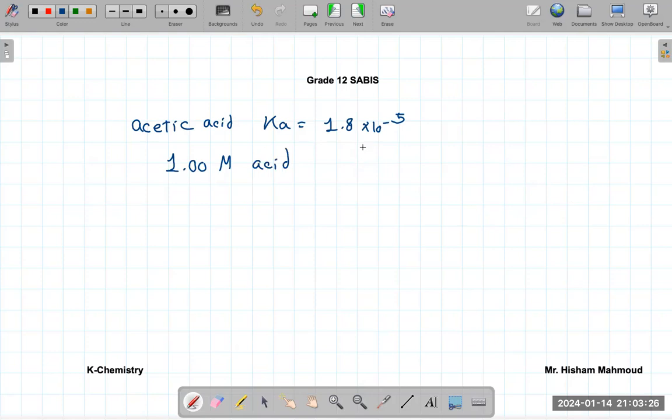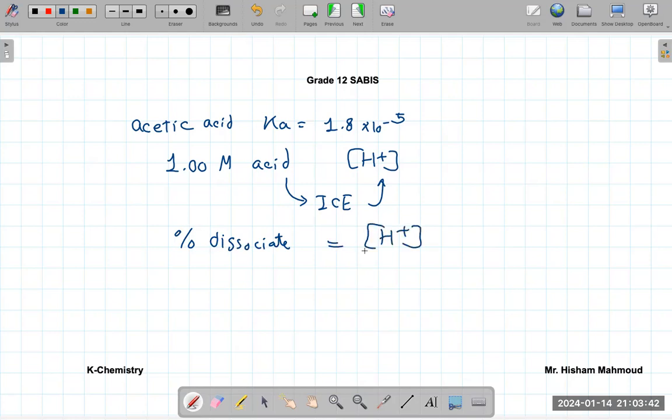Mister, you have to find first the H plus. How do you do that? By the ICE table. So I will not make the steps. You find the ICE table, you find the H plus. Then how do you get the percentage dissociation? You divide the H plus concentration, which you will get. Let's say that we found out, just for the sake of time, it is equal to 4.2 multiplied by 10 to the power of -3.